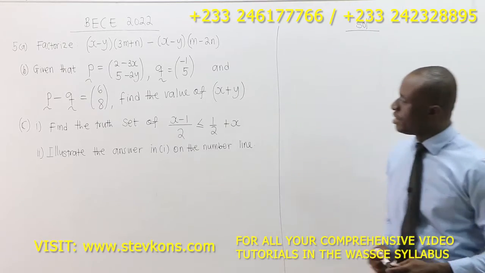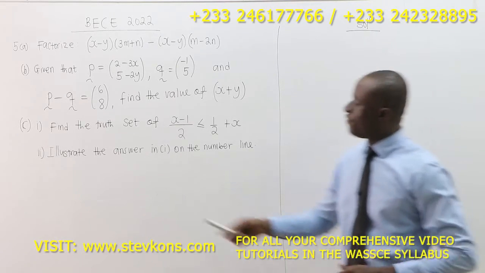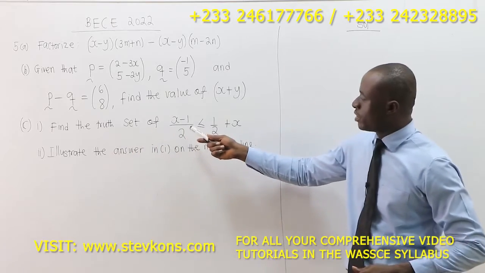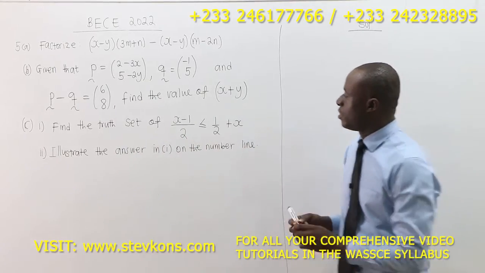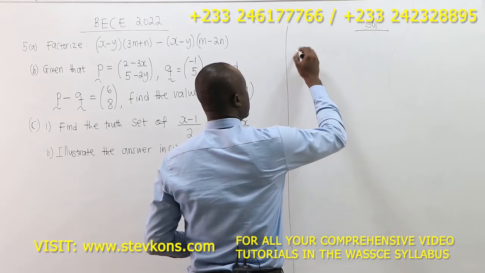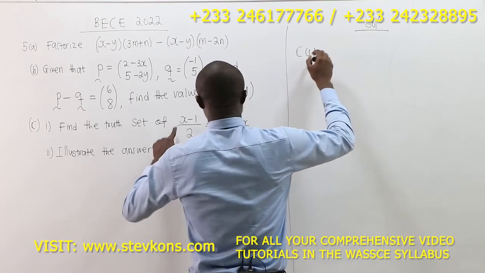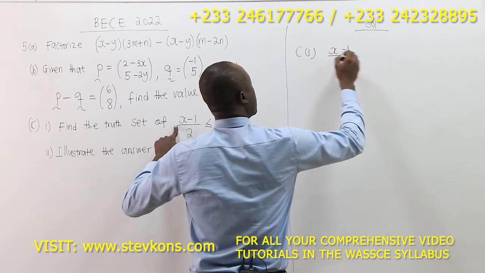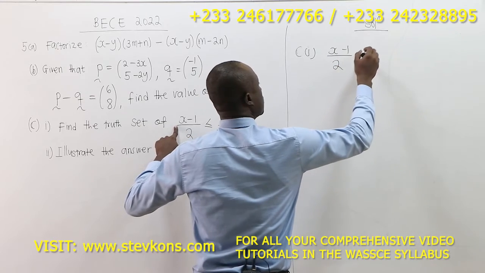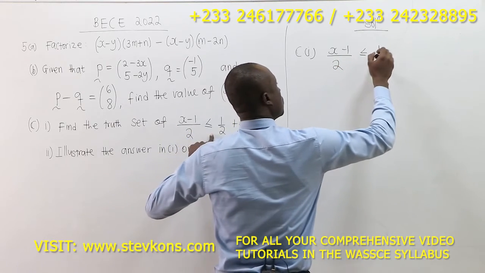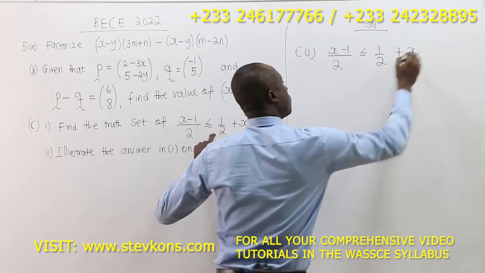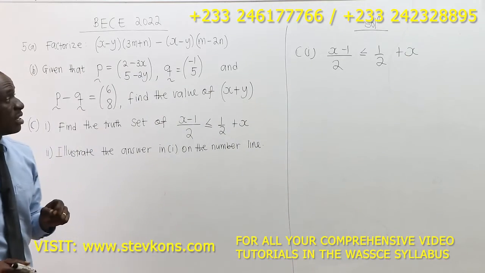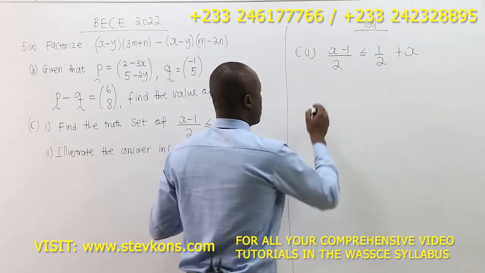Now let's consider question C. Find the truth set of (x minus 1) over 2 less or equal to 1 over (2 plus x). Here, what's the LCM? LCM is 2, so we multiply by 2 each time.